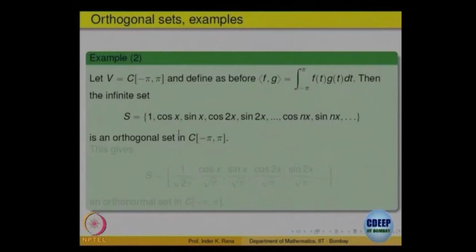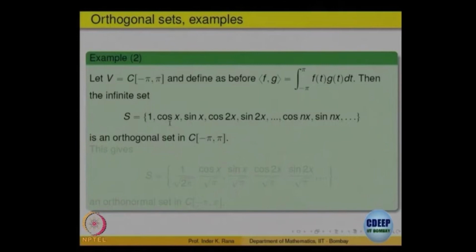The norm will involve the integral of cos square, which will not be 0; it will be the integral from minus pi to pi of cos square theta. But if you look at cos and sin, the product, and integrate between minus pi to pi, what is that integral? Check it out, that is 0.